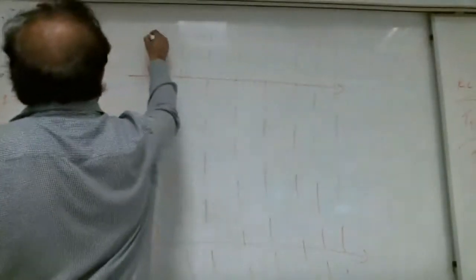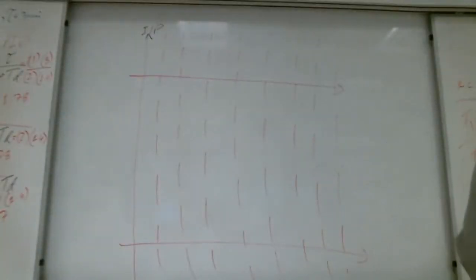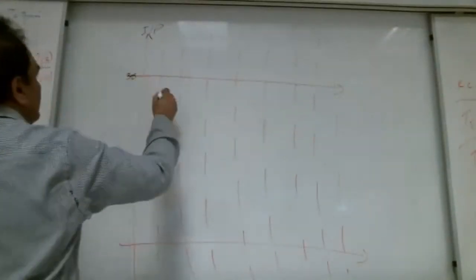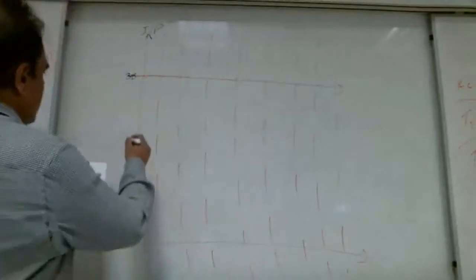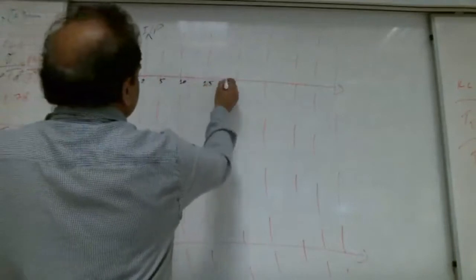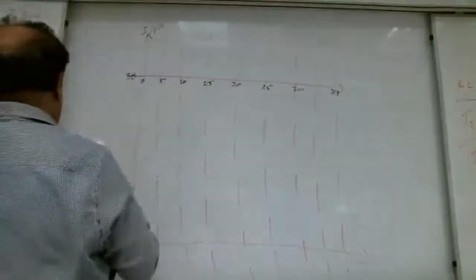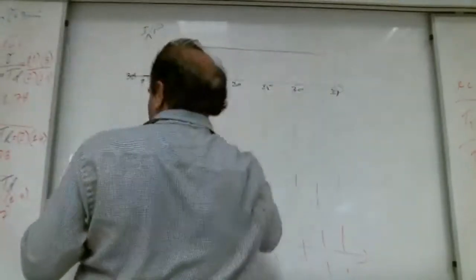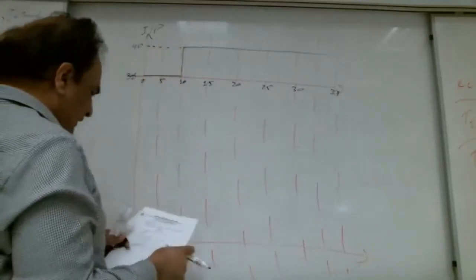This is the input, right, Shabab? The time axis goes 0, 5, 10, 15, 20, 25, 30, 35. So at 10 the input becomes 40. Before it was 38.